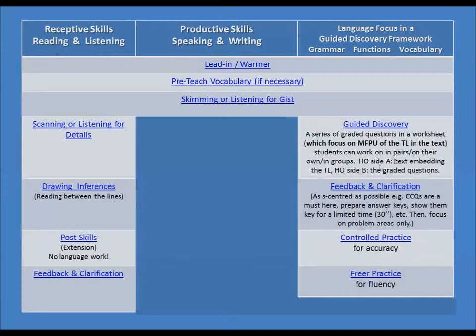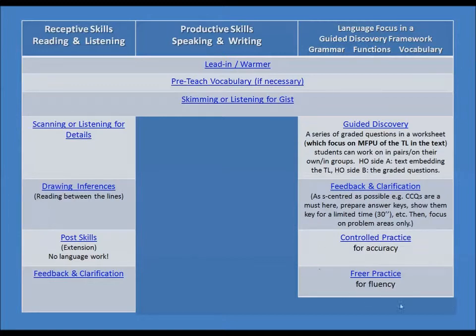Then this would be followed by feedback and clarification, where the teacher uses the information gathered during the previous stage to give clear feedback and clarify any potential doubts before we allow the students to then go and do some control practice to show that they can use the target language accurately enough.